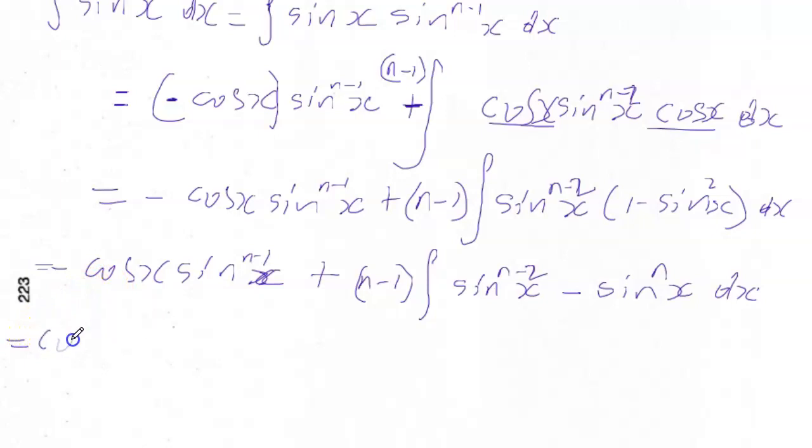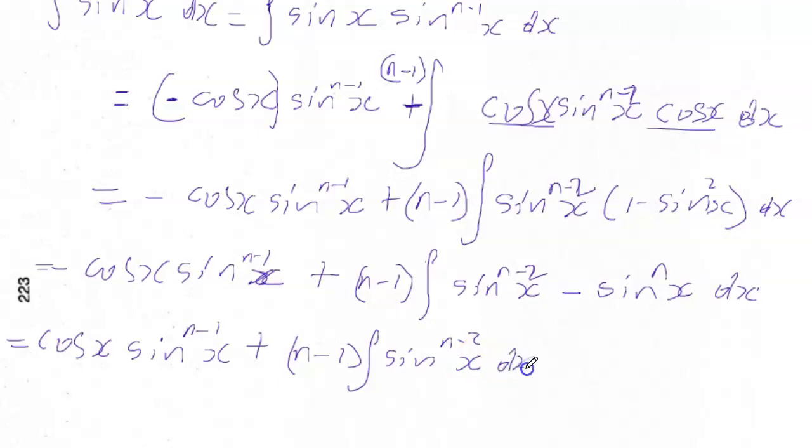So we have minus cos x sine x to the power n minus 1, plus n minus 1 times the integral of sine x to the power n minus 2 dx, minus, again separating, n minus 1 times the integral of sine x to the power n dx. So we break it up, alright?